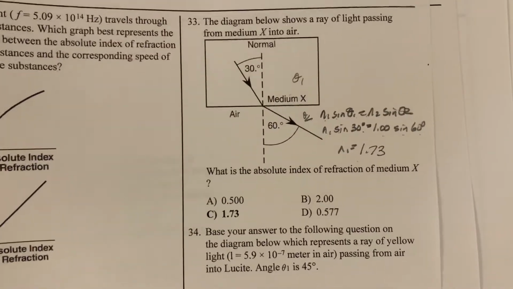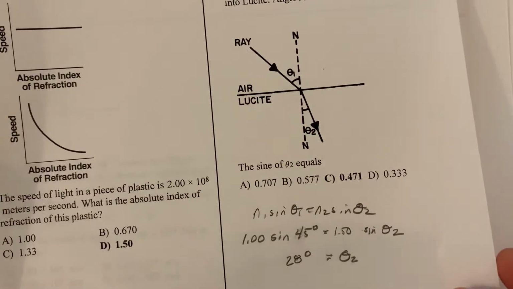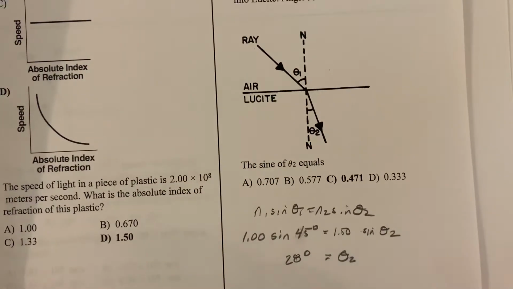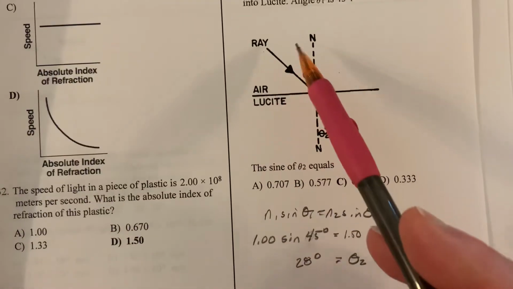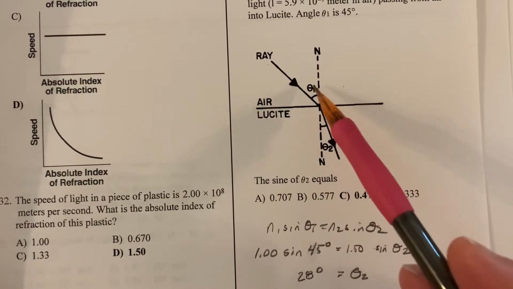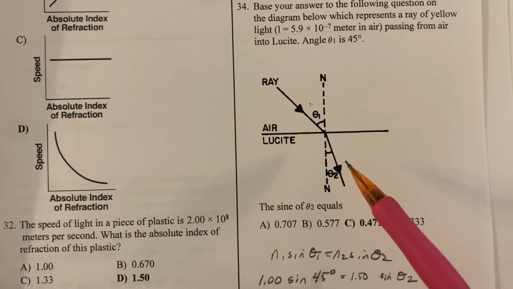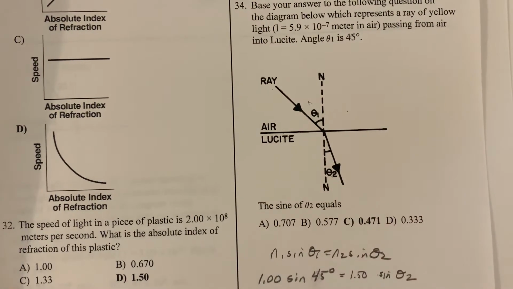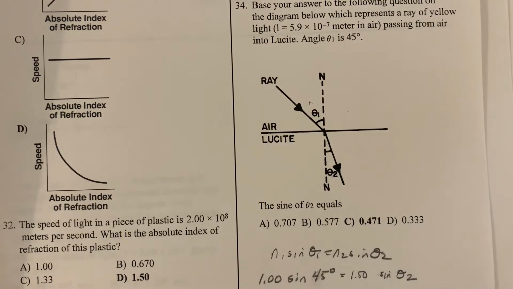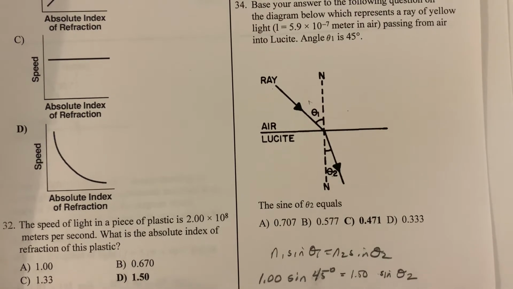And the very last one, people, is right here. Base your answers on the following. You've got this ray diagram going here. They told you this was 45 degrees up here, and you want to find out what the sine of theta 2 is. Oh, I went too far here. I actually figured out theta 2. I'll take the sine of it. We'll fix that in a second.